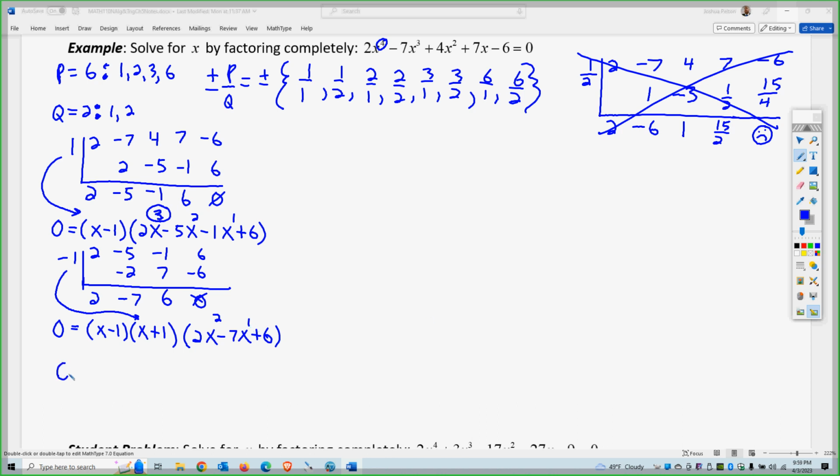So 0 equals x minus 1, x plus 1, 2x over 2. All right, so 1 times 6 is 12. So 1 times 12, 2 times 6, negative 1. Oh, no, 3 and 4, sorry.